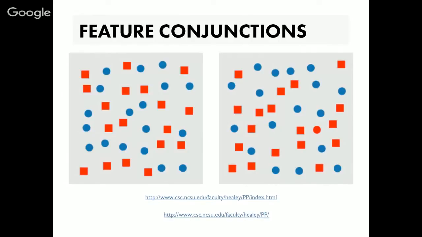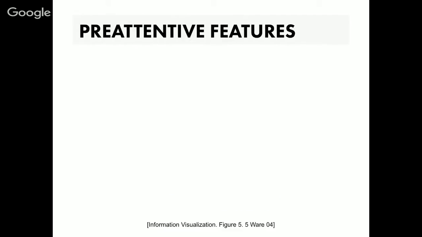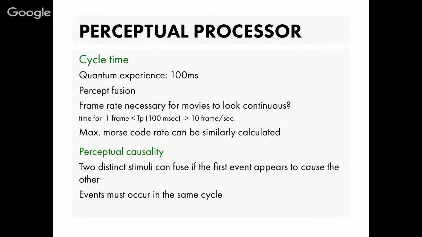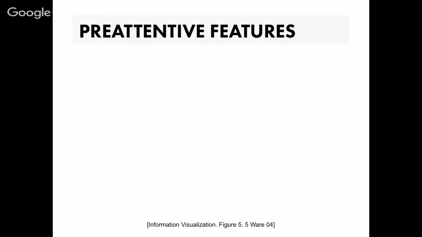Okay, so these pre-attentive features are really important to understand, and they allow you to make designs that actually, oh shoot, there's an image missing there. That's a key image. Hold on a second. I just realized something's missing here.